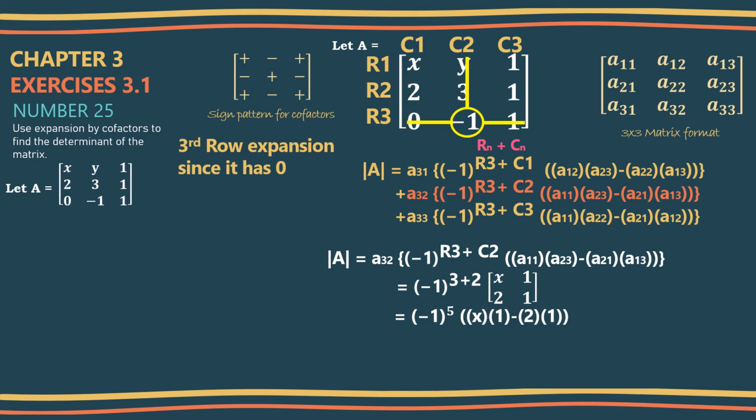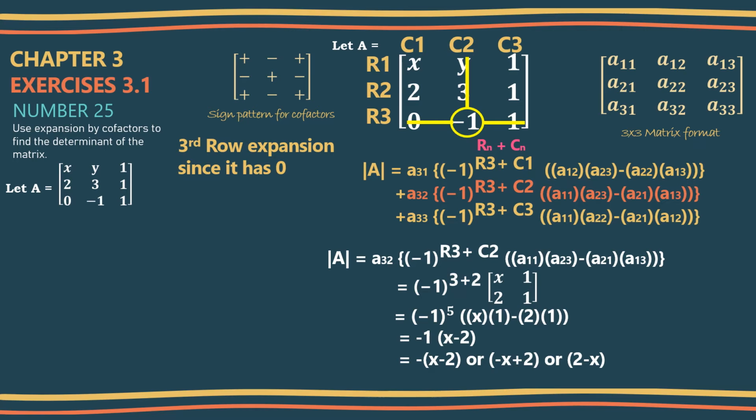And now we have negative 1 raised to 5 times x times 1 minus 2 times 1. Negative 1 raised to 5 is negative 1. Negative 1 times x minus 2. And now we have negative quantity x minus 2, or we distribute the negative, we have negative x plus 2. Or we can change the position.